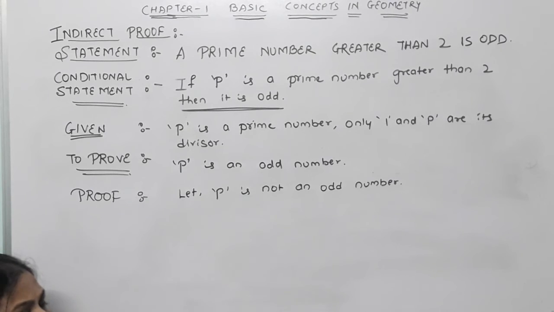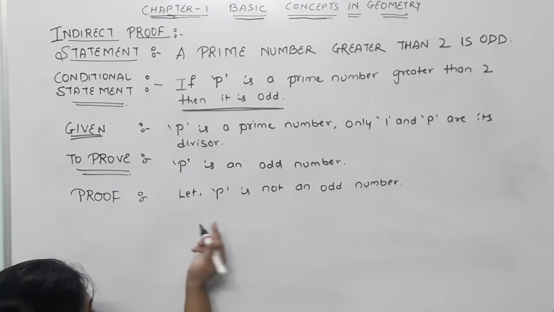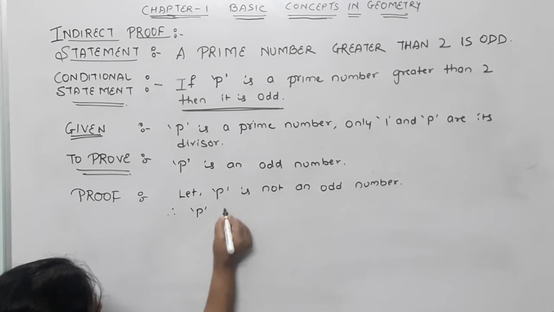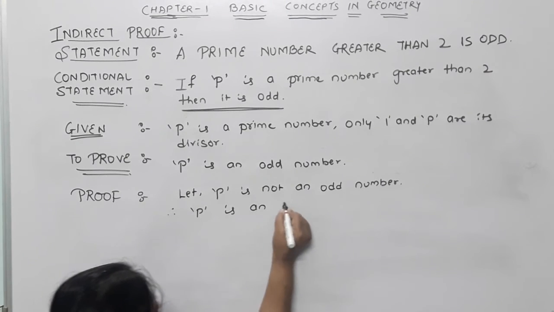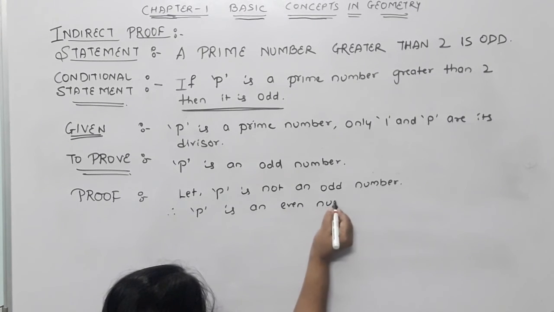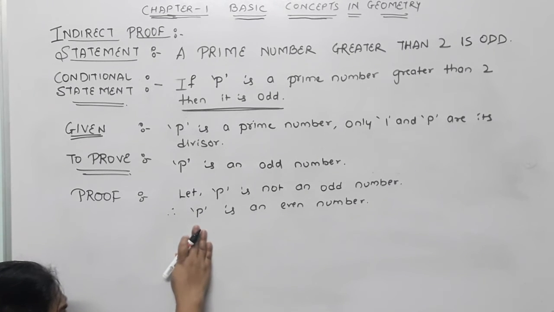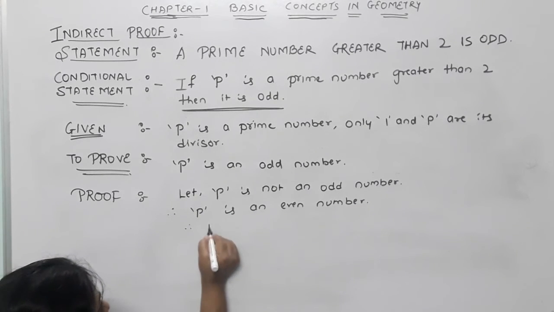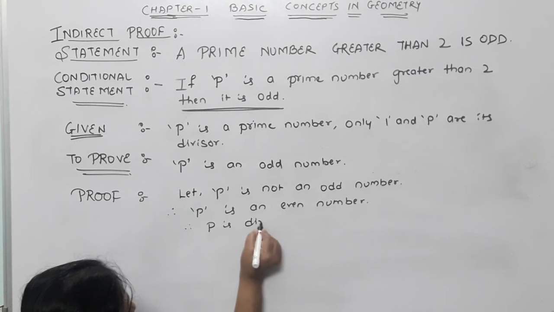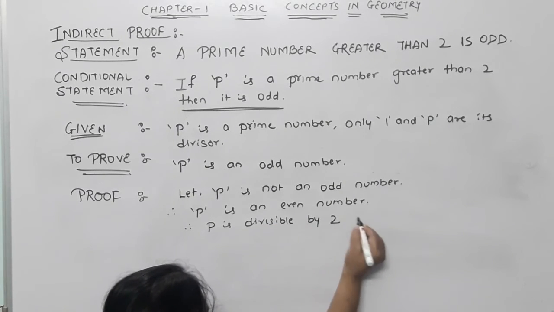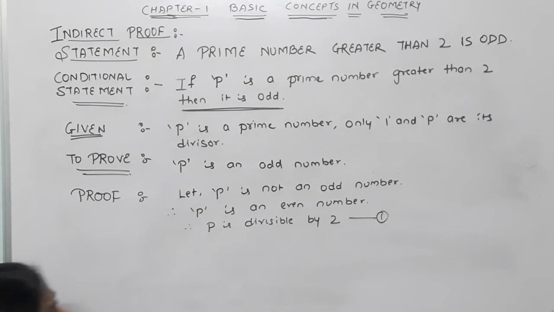If P is not odd, it can be even number. Therefore, P is an even number. Now, if P is even number, then therefore P is divisible by 2. This can be our equation 1.